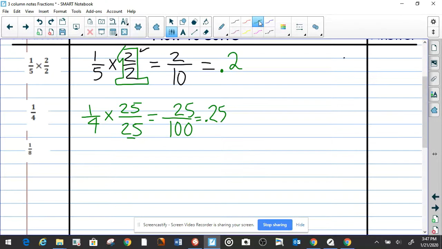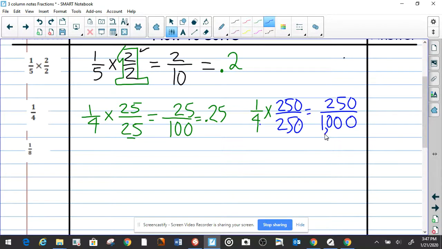Let's look at another way. What if I multiply 1/4 times, instead of 25, 250? Well, let's see if that's going to give us a decimal. So 1 times 250 equals 250. Now we multiply 4 times 250. That's going to equal 1,000.